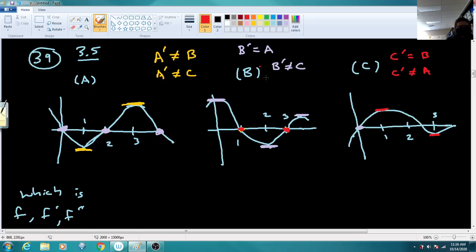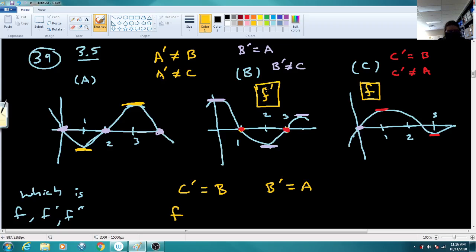So what we have is C prime is B, then B prime is A. So this means C is F. So C is our F graph, so that when we take C prime, we get B. So that's our F prime graph.